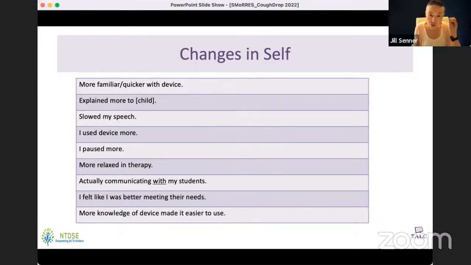But each part of that s'mores mnemonic operationally defines partner augmented input. So when we see they slowed their speech rate, that's the first S in s'mores, slow rate. The I paused more is the last S, the stop.